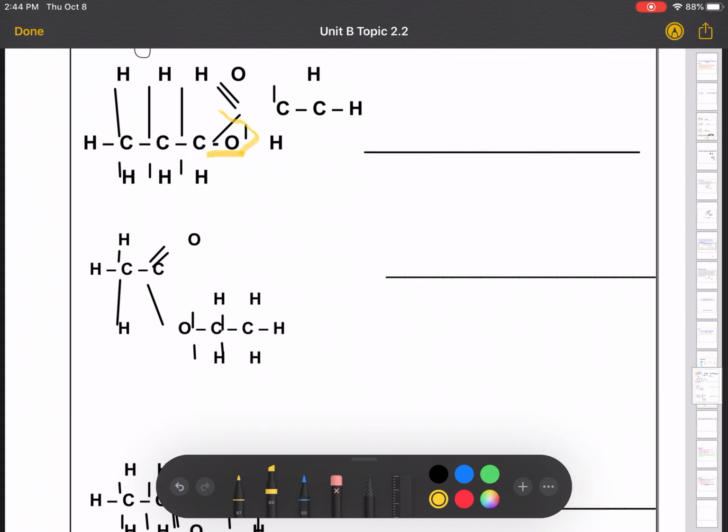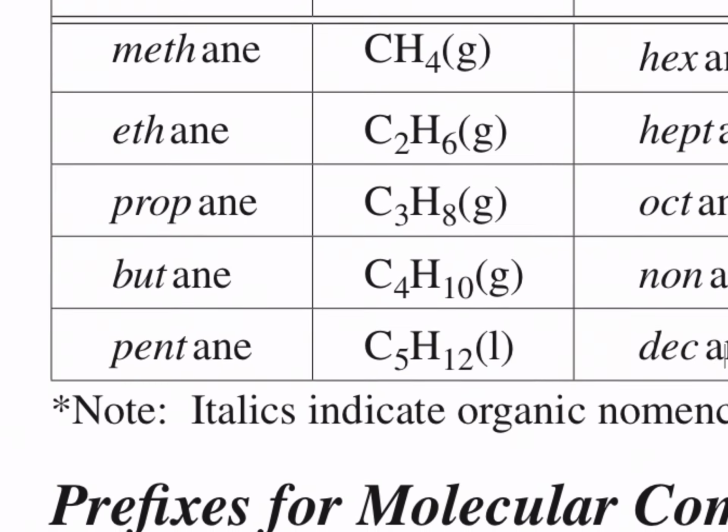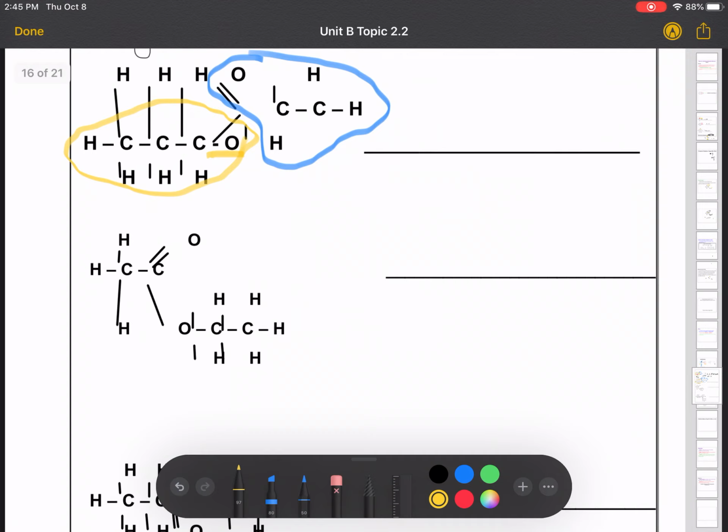So this whole molecule is the alcohol, and the other one would have to be the carboxylic acid. For the alcohol, the one in yellow, we are going to name that like it's a branch. This alcohol branch has 3 carbons. So if we go over to here, we check what number 3 is. We see it's prop. We're going to write propyl.